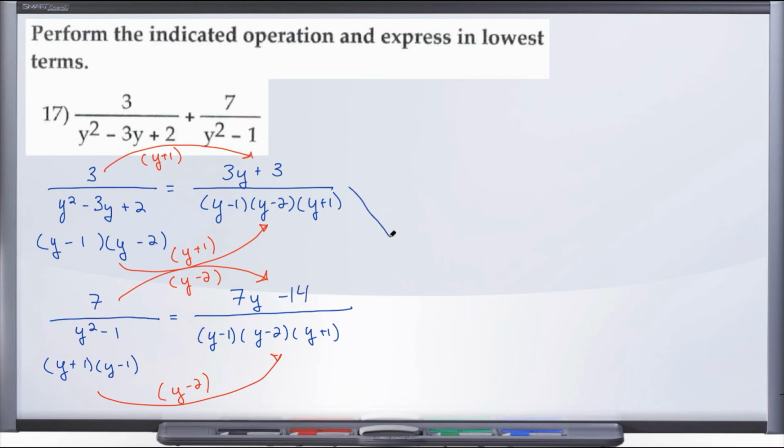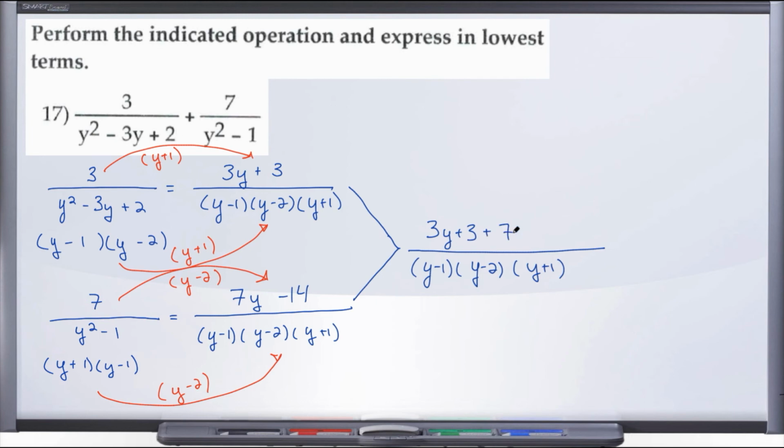And now that we've built our common denominator, this common denominator simply moves over. So y minus 1, y minus 2, y plus 1, and now that we've established that common denominator, it means we can combine the numerators. So 3y plus 3, plus 7y, right? Because this is a positive 7y.